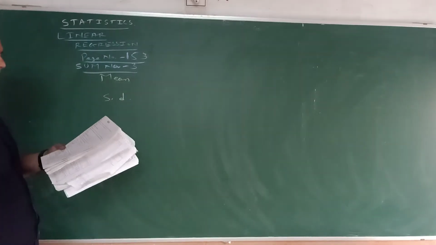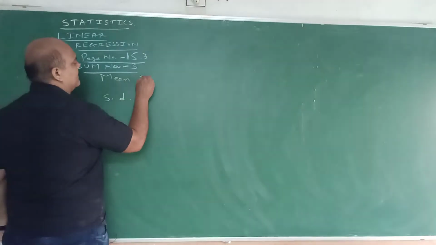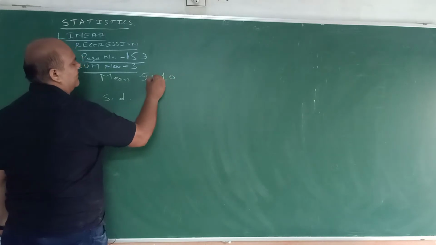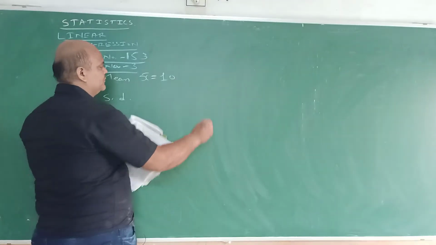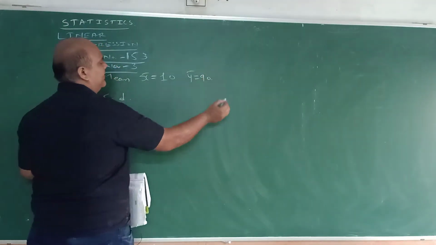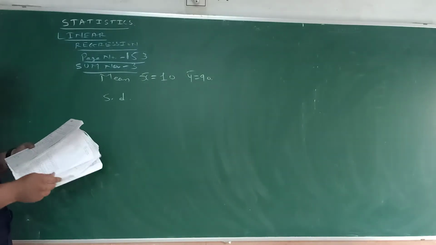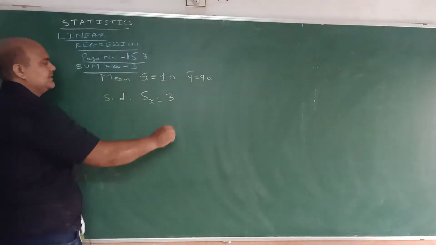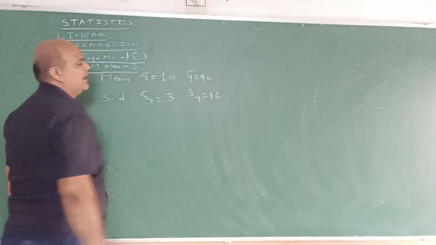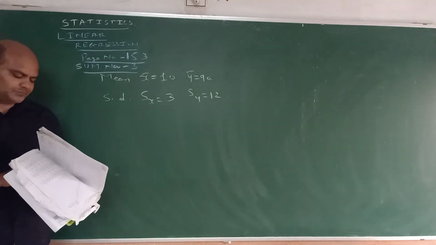Mean of x, advertisement cost, is denoted by x, so x bar is 10, and y bar, sales is y, so y bar is 90. Standard deviation, that is Sx and Sy. Sx is 3 while Sy is 12. Sx is 3 and Sy is 12.